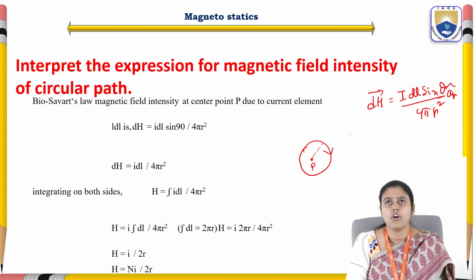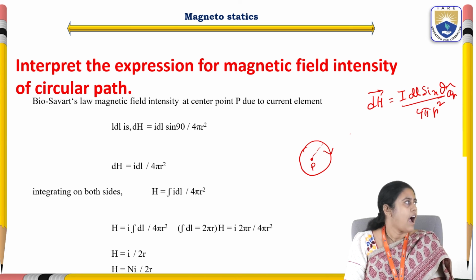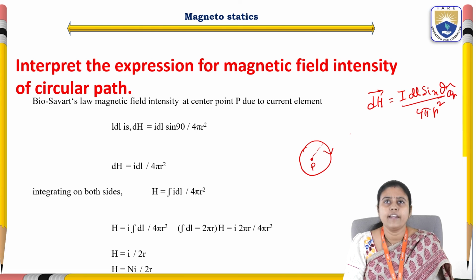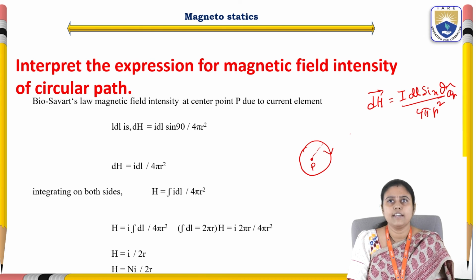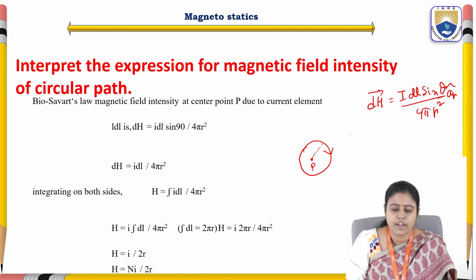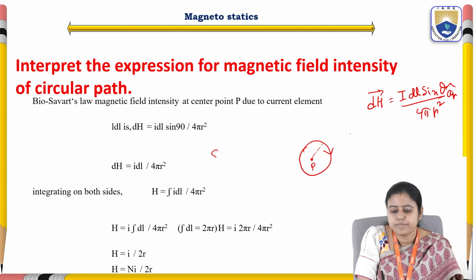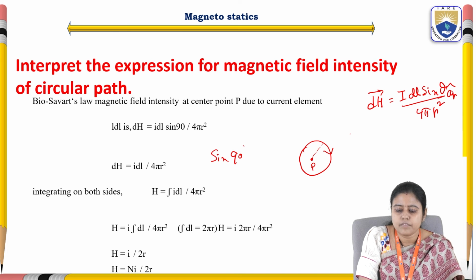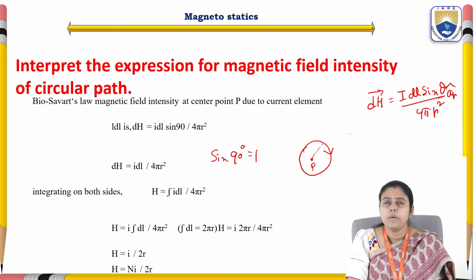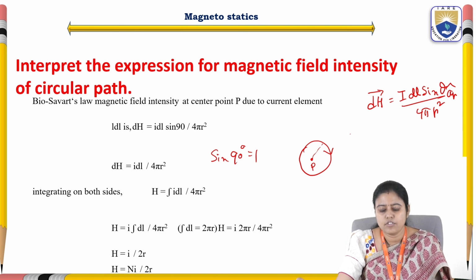So theta is always 90 degree. I dL, theta is 90 degree, means sin 90 degree by 4 pi r square. So dH is equal to I dL, sin 90 is equal to 1, by 4 pi r square.